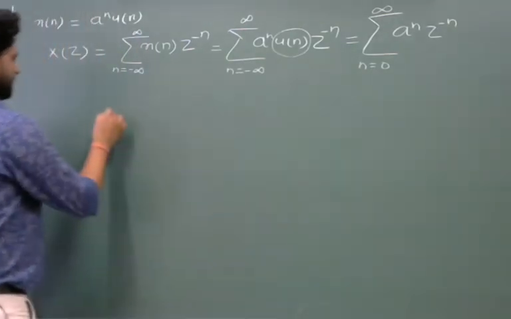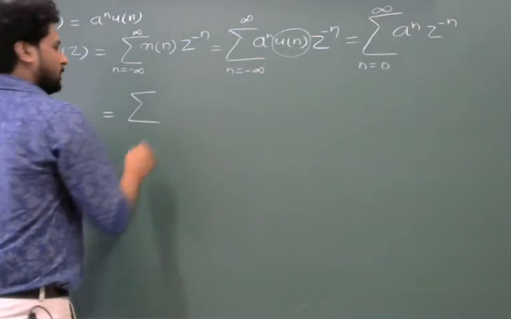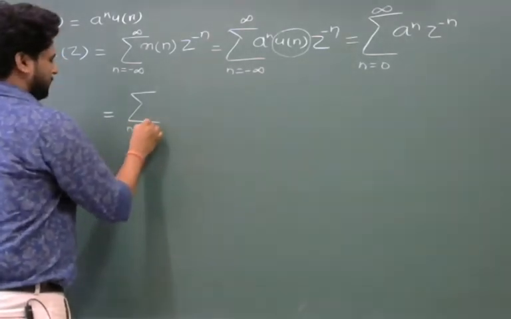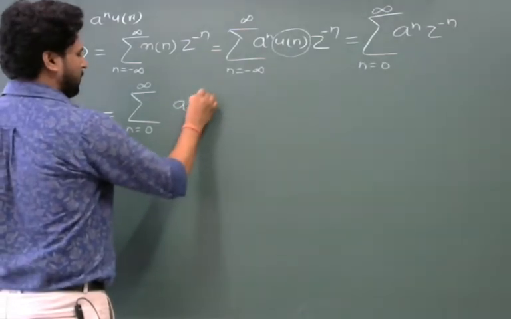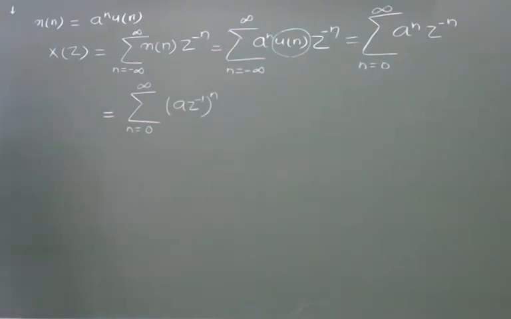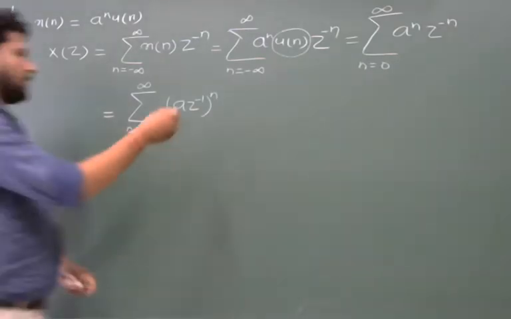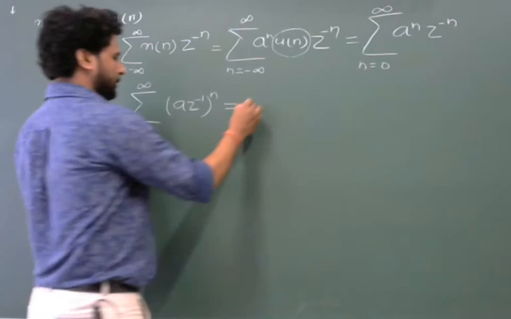For the simplicity, we can write it as the sum over n from 0 to infinite of (a z power minus 1) power n. We can write in this way also. So all we have to do is put the values of n from 0 to infinite and we will get a series which will look like this: when I put n equal to 0, this will become 1.